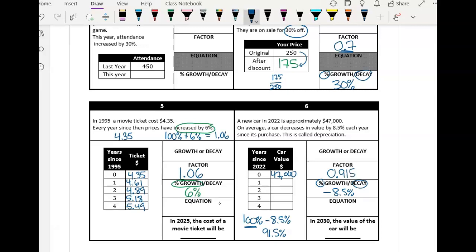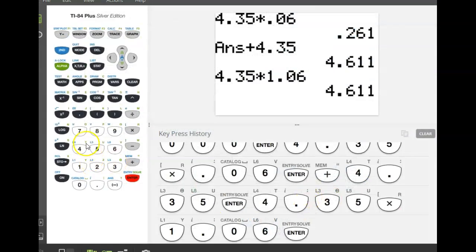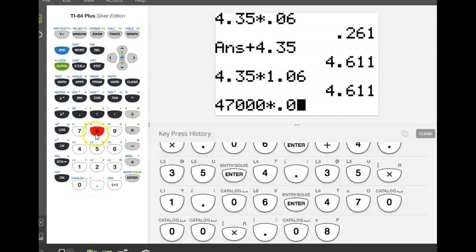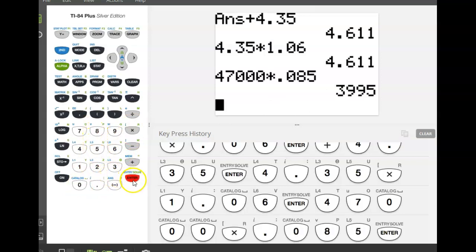So the reason I'm doing that is I'm going to do 47,000. Again, I can go over to my calculator. I can either do 47,000 times 8.5%, which is 0.085, but that's just how much value I've lost.